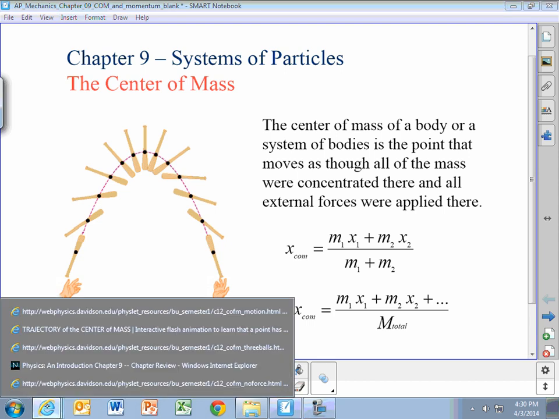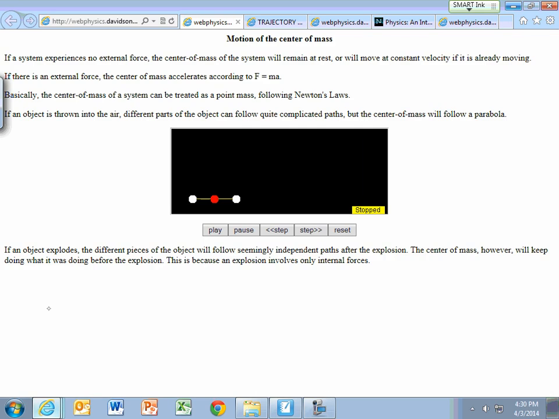To look at a couple of situations, in this animation, we have a baton that's going to be thrown through the air. The baton has these two white balls connected by a stick. The red ball is marking the center of mass of the object.